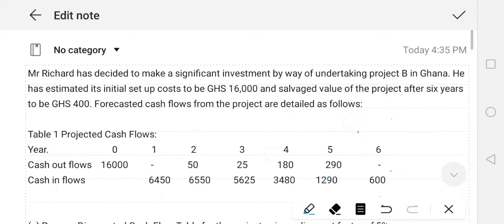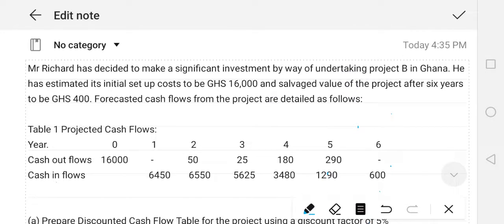Alright, so per this question we are told Mr. Richard is trying to undertake a project, which is project B in Ghana, and he has estimated its initial cost to be 16,000 cedis.